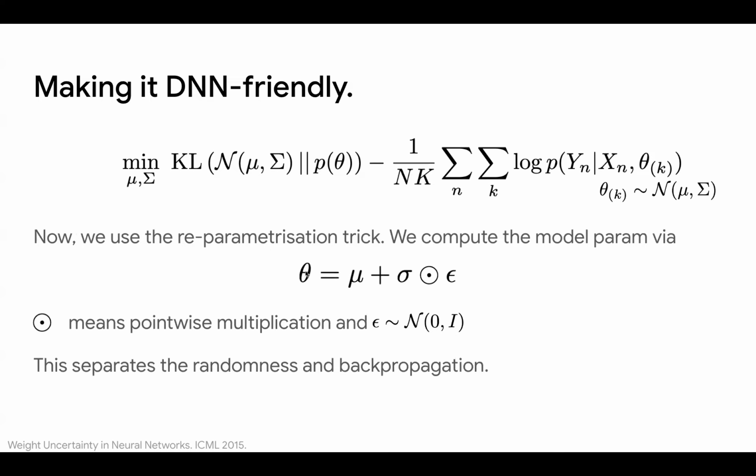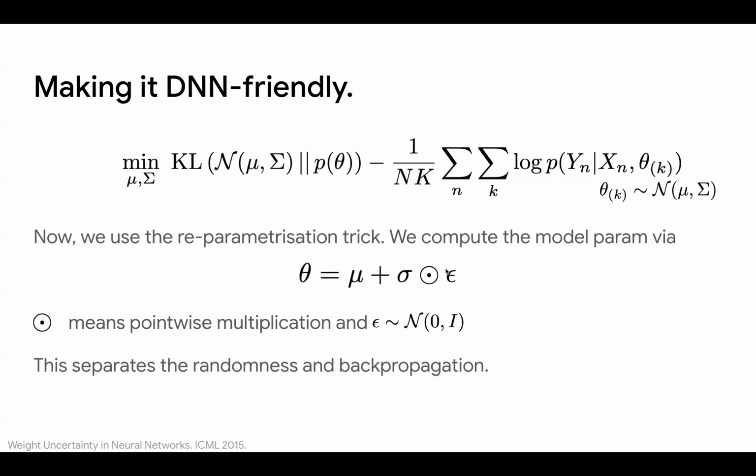You can think of sampling theta as a procedure where you first get mu from somewhere, then you also get sigma from somewhere, and you multiply a standard normal epsilon with this sigma pointwise, because sigma is diagonal, so it's multidimensional, and then add it to mu. That has the same effect as sampling theta from the distribution encoded by mu and sigma.